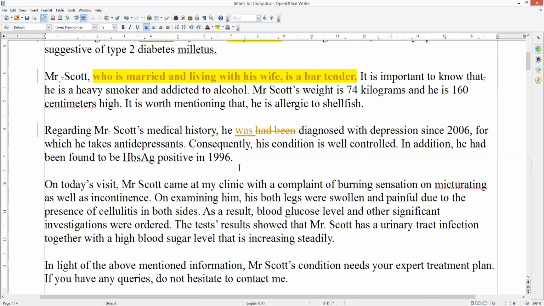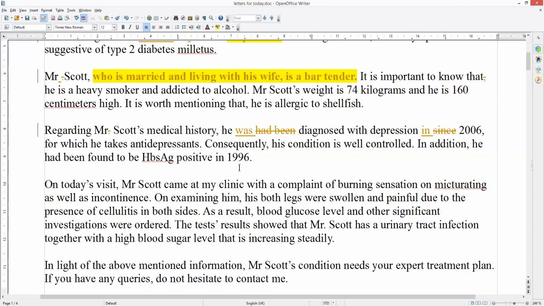He was diagnosed with depression in 2006, which he takes antidepressants. "Consequently, his conditions were controlled. In addition, he had been found." Why are you using past perfect again? In addition, he was found HBsAg positive in 1996. Okay.